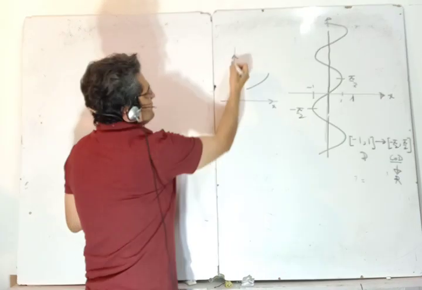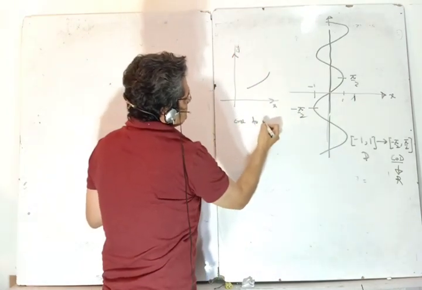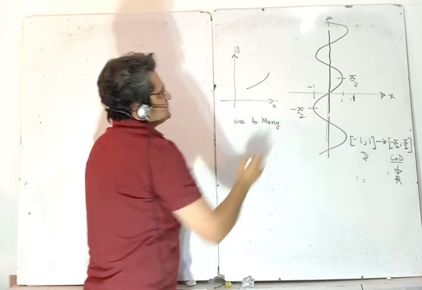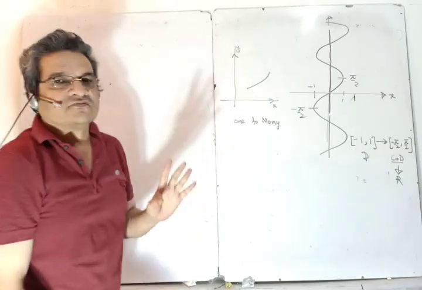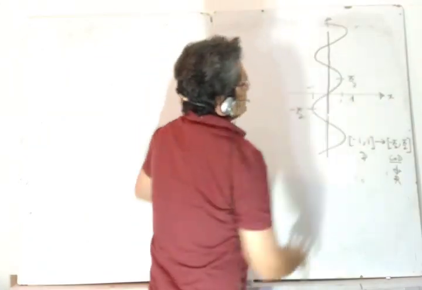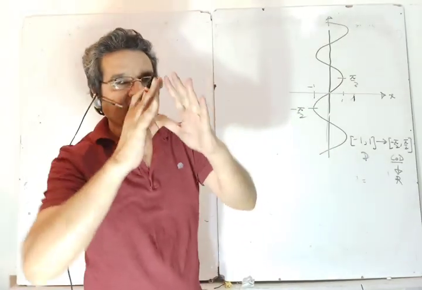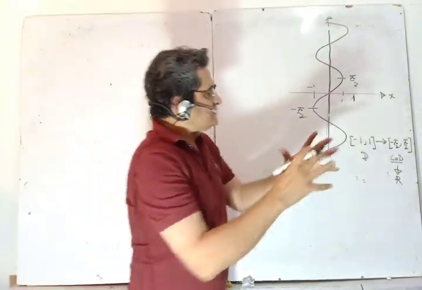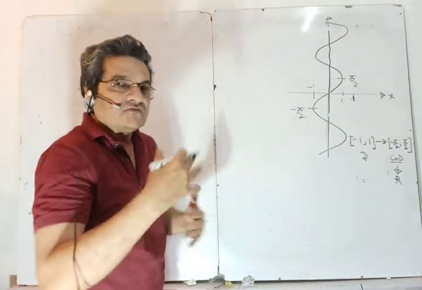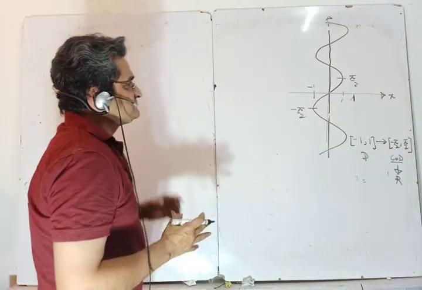You cannot have a situation where it is one to many. You can have many to one, but you can't have one to many for something to be called a function. So if I call it as a function, it will be a flaw. And when I restrict this, it overcomes the flaw. But the logic behind what we have done to come to this conclusion, I'll try to cover that.